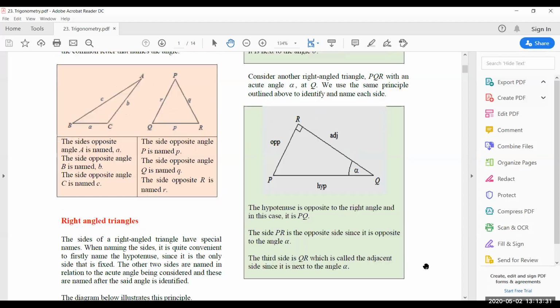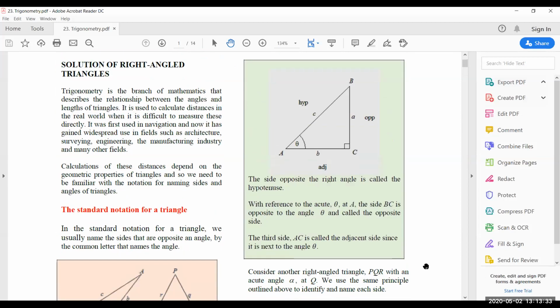So let's look at the diagram here. The hypotenuse, remember, is always the longest side of a triangle. Why? Because it is always opposite the largest angle, right? Now with reference to the acute angle, let's call it theta in this case, theta is at A here, then side BC is called the opposite.